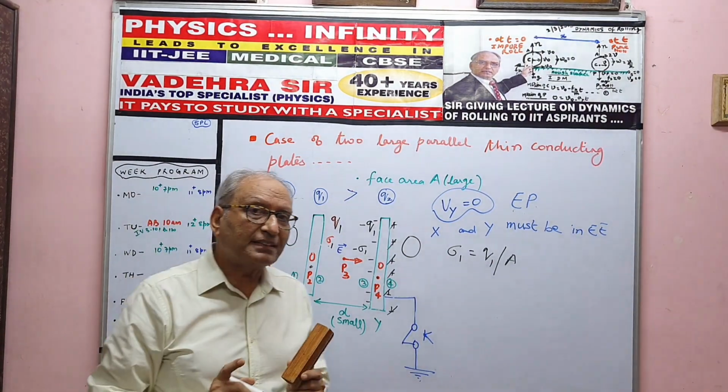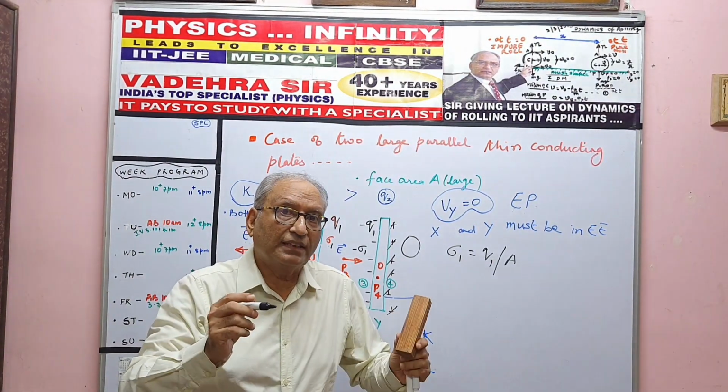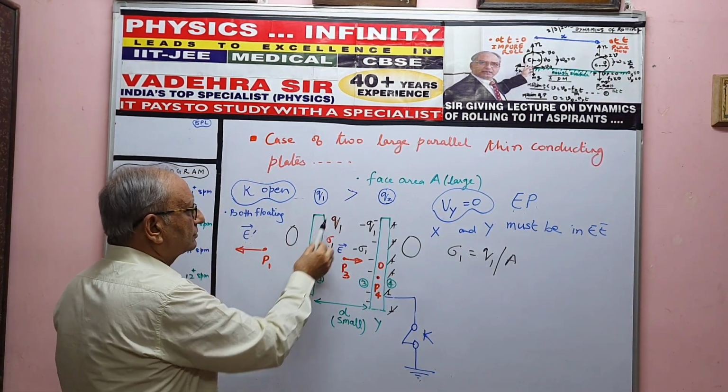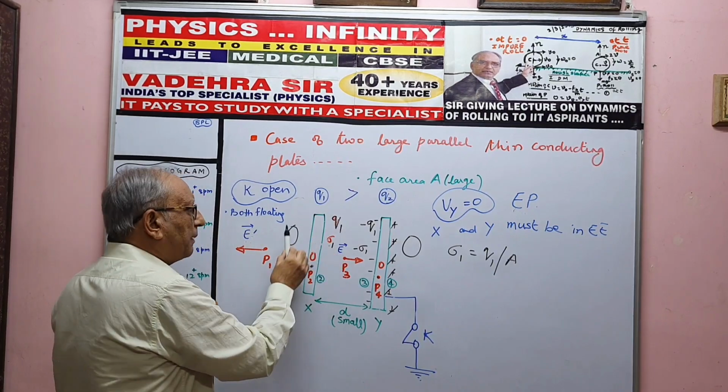Now a student may think, obviously can think, suppose a part of Q1 is here and a part of Q1 is here.